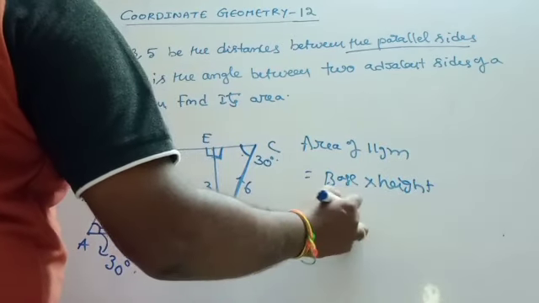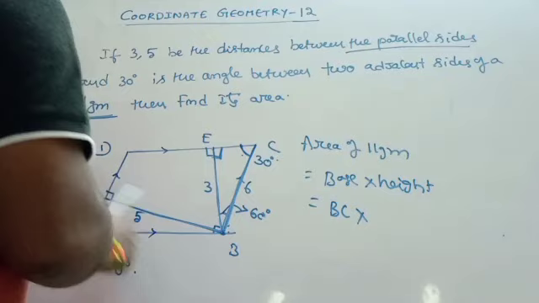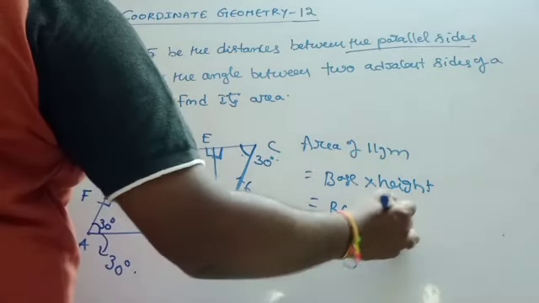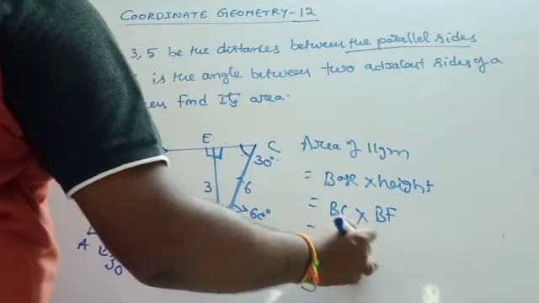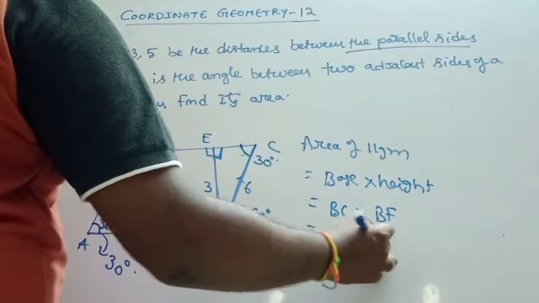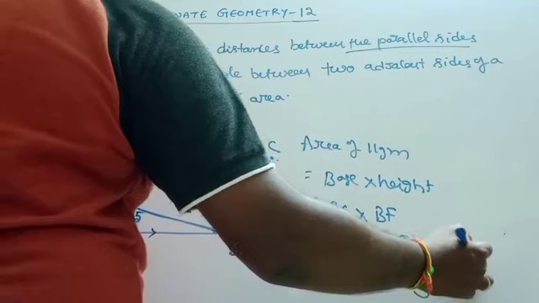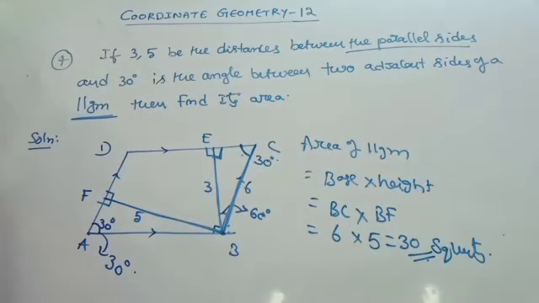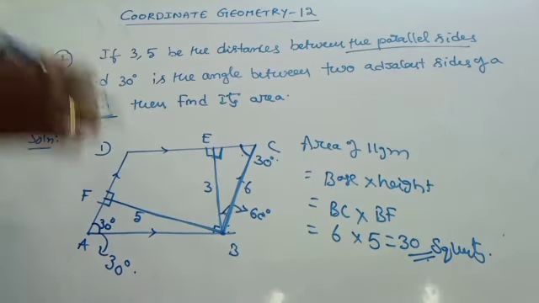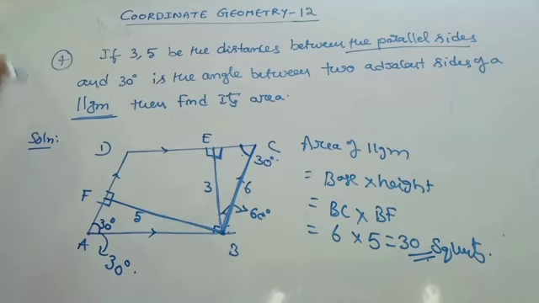Base is BC into height is BF, like this. Now base is 6 into BF, that is 5, that is 30 square units. You are going to get 30 square units. I used here the trigonometric formula and we did that.